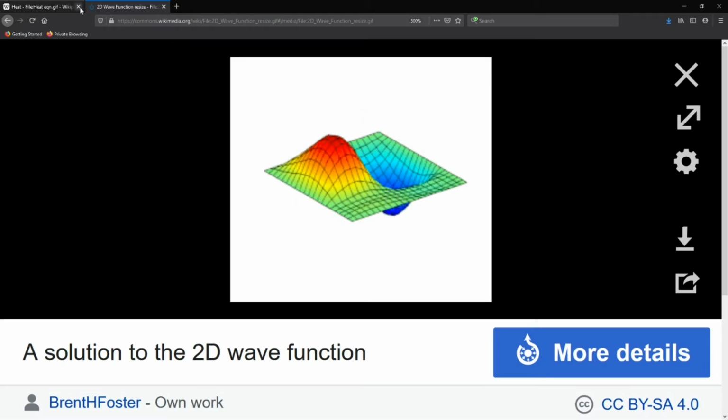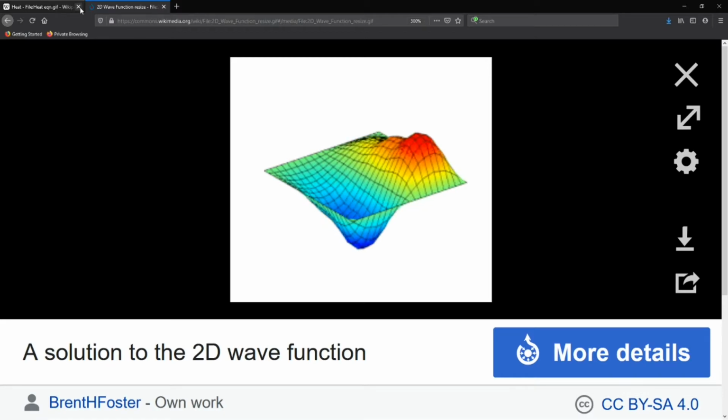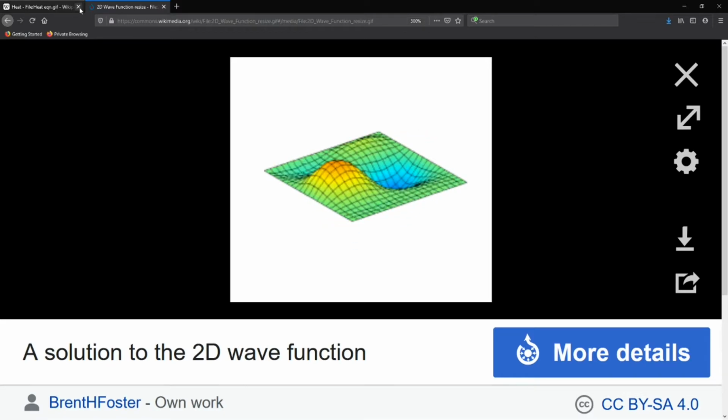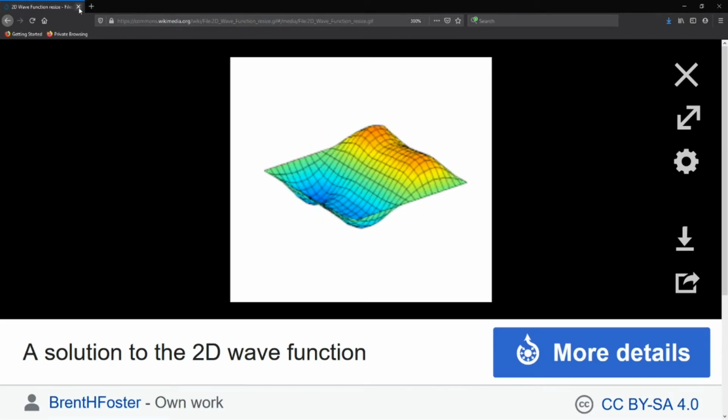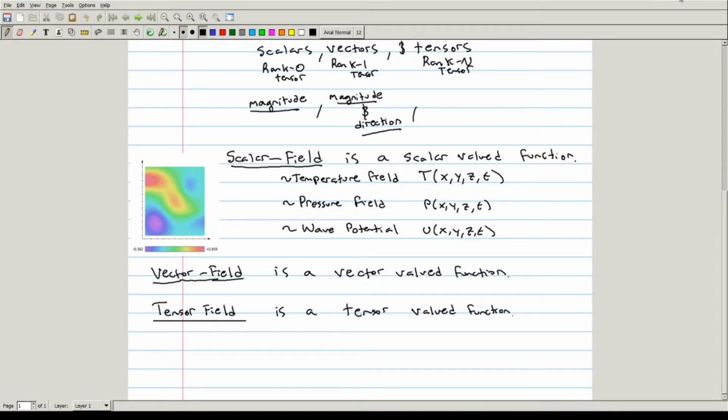The idea here is that these scalar functions are the province of multivariable calculus and very useful for describing the physical world, but it turns out that what's more useful for describing the world is the concept of vectors and tensors. So I'll give you an example of some vector fields and some vectors now.